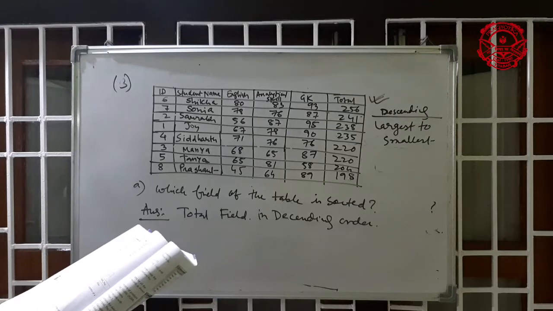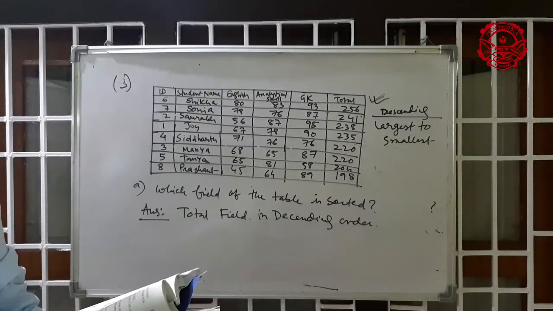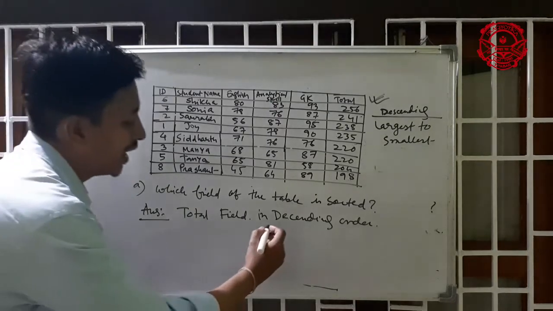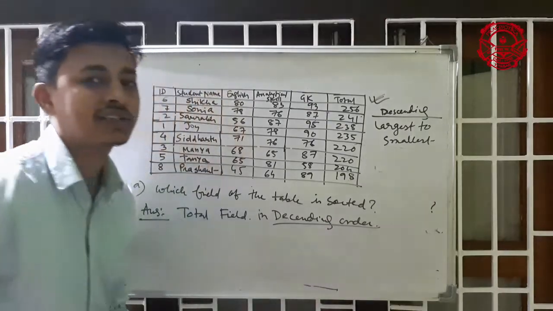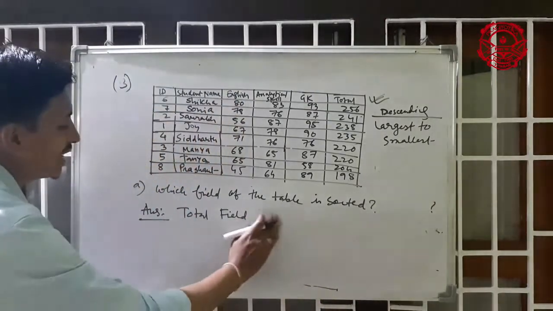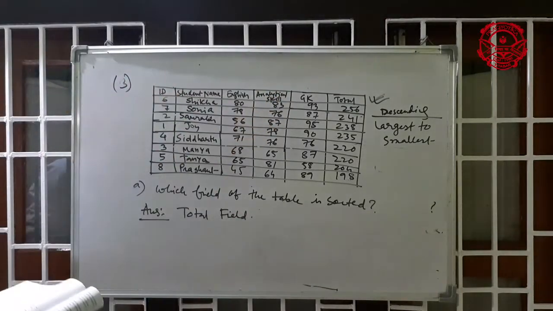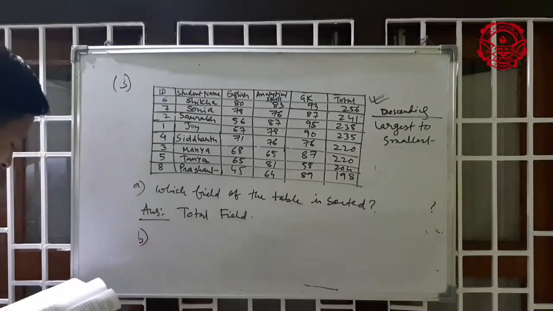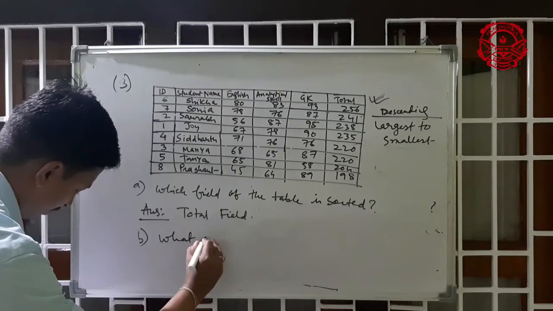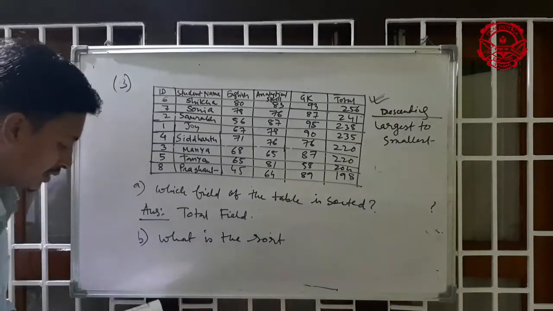Now, second question. What is the sort order, ascending or descending? I already have the answer, so no need to write here. The next question is very easy, the answer is already given here. The question is what is the sort order?